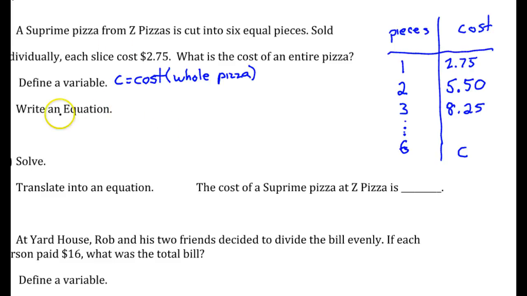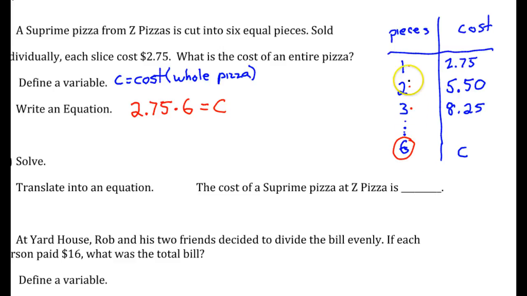Okay. What's the cost of the entire pizza? So we have our $2.75 times our 6 slices equals the cost.